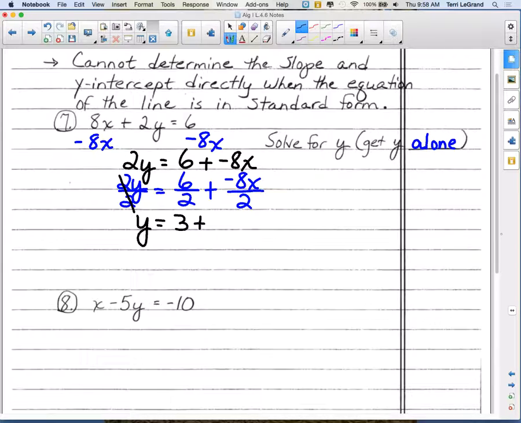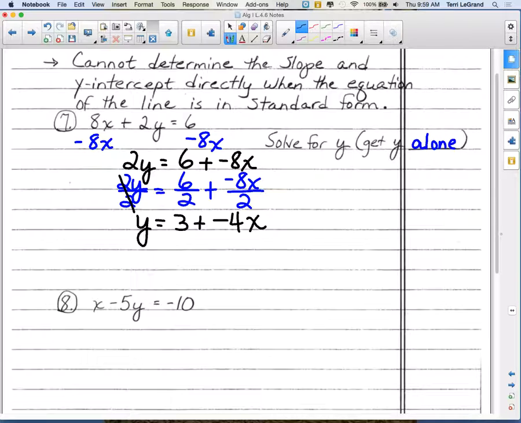A negative divided by a positive is a negative. And 8 divided by 2 is 4. And remember, when there's an x in the numerator, it can just come out beside the fraction. And so that one becomes a negative 4x.